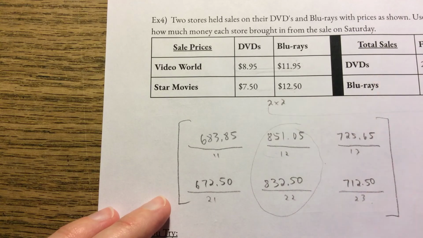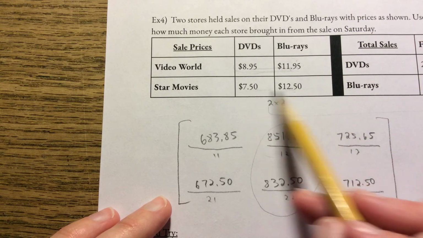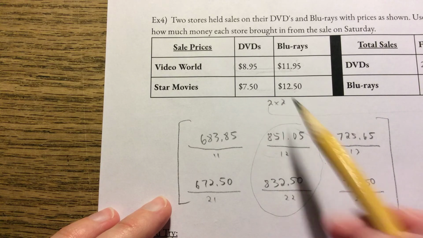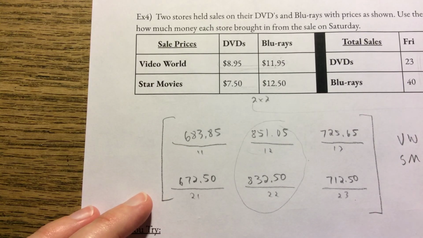So this was how much money Video World made on Saturday on their DVDs and Blu-rays here. And this was how much Star Movies made on Saturday. So I'm going to say Video World made 851.05. And Star Movies made 832.50 on Saturday.